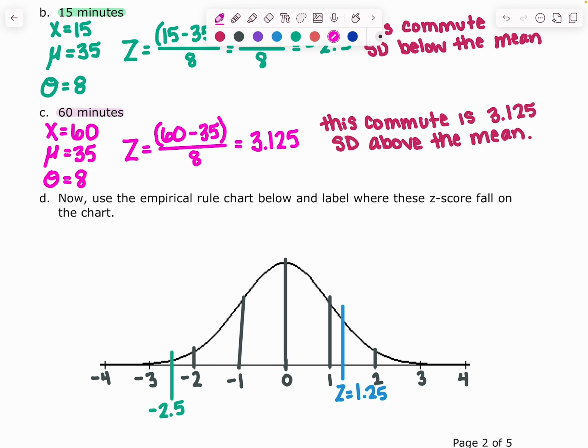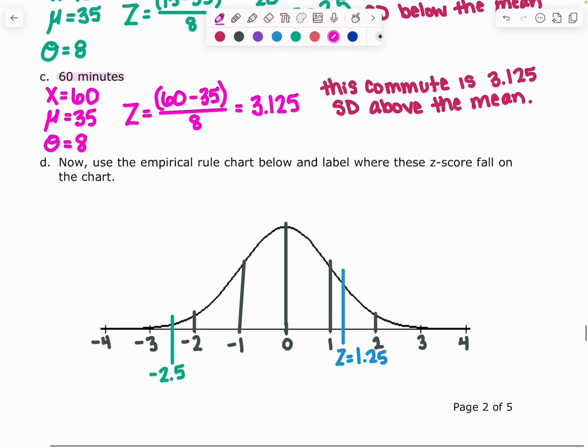Our x value was 60 and our z-score was 3.125. So it's going to be pretty close to the 3. And I'm going to label this one up top. And I didn't put the z on this one. There we go. So this is our chart and how we can label the z-scores on the chart.